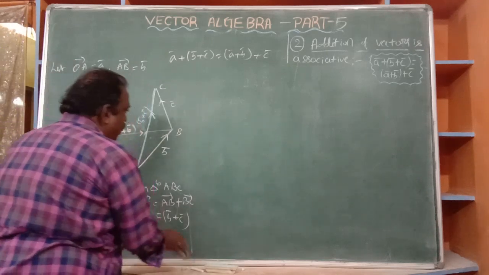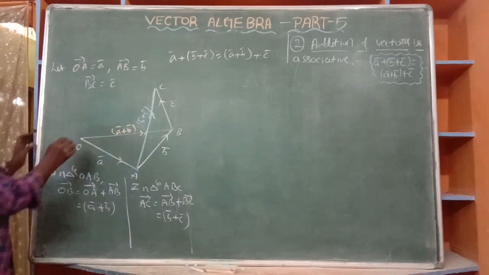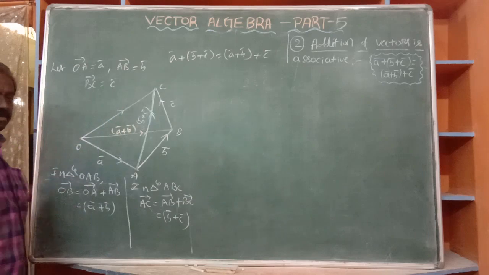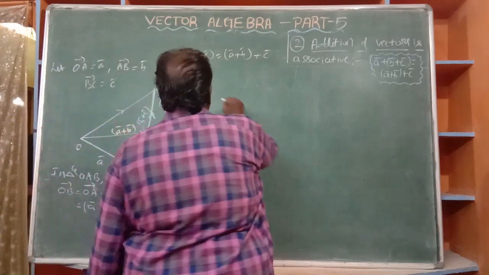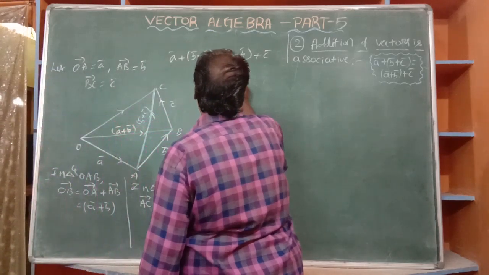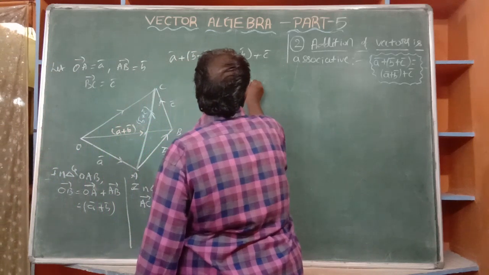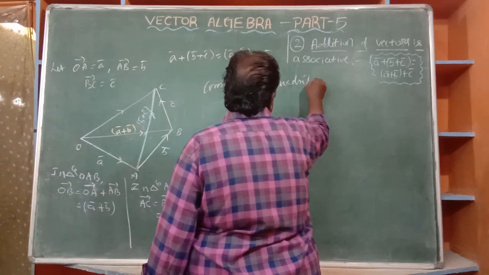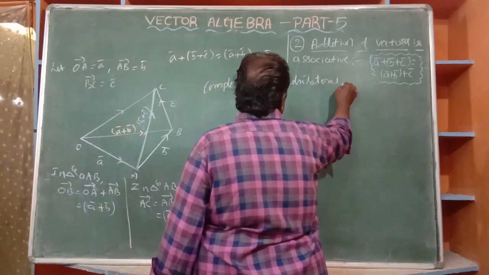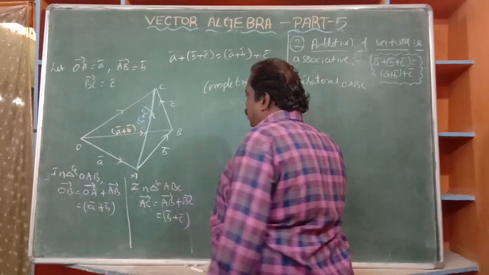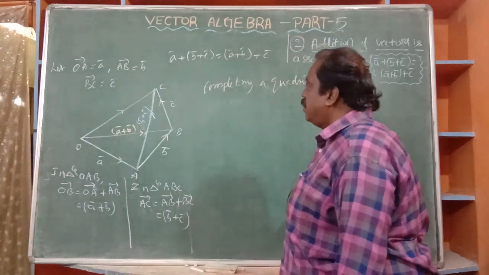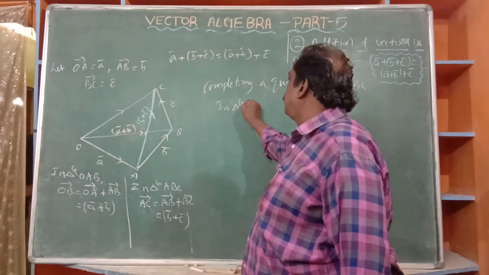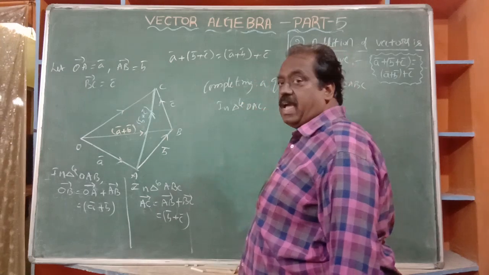Now we complete the quadrilateral OABC. A quadrilateral is completed. Now, in the triangle OAC, observe it.